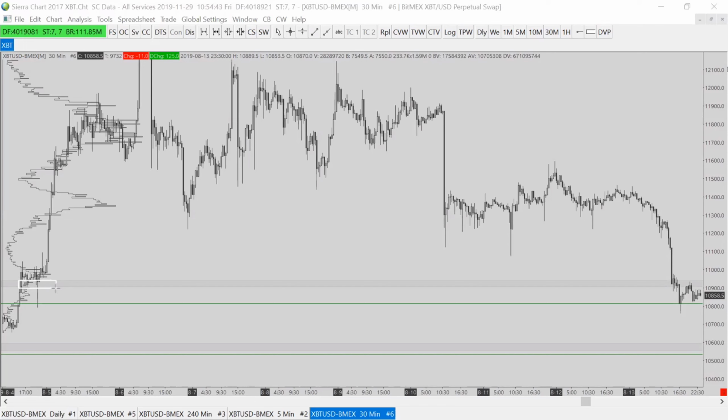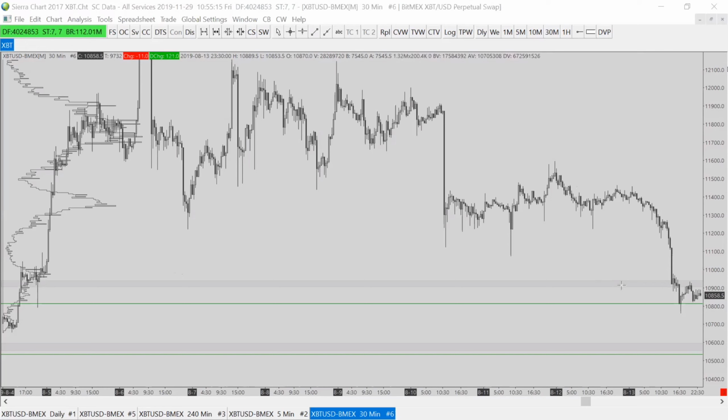Okay, so generally you don't want to be buying those prior support levels as price is moving back down. So up here, when price is moving up, that's a level I'd be looking to buy. Okay, that low volume node, but as it moves back down through it, generally I don't expect it to hold.